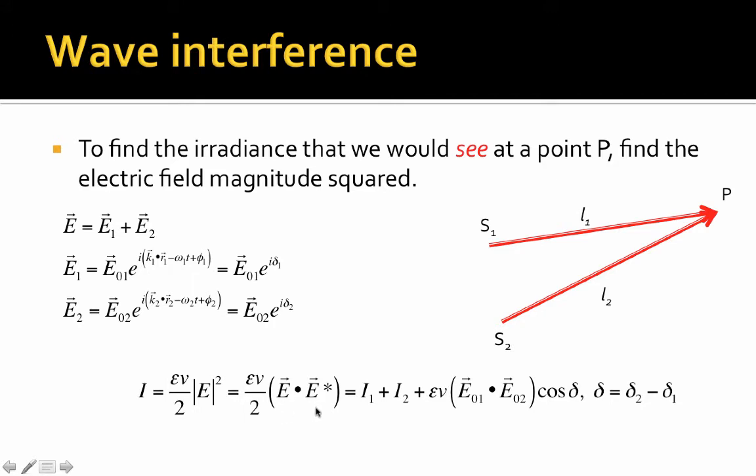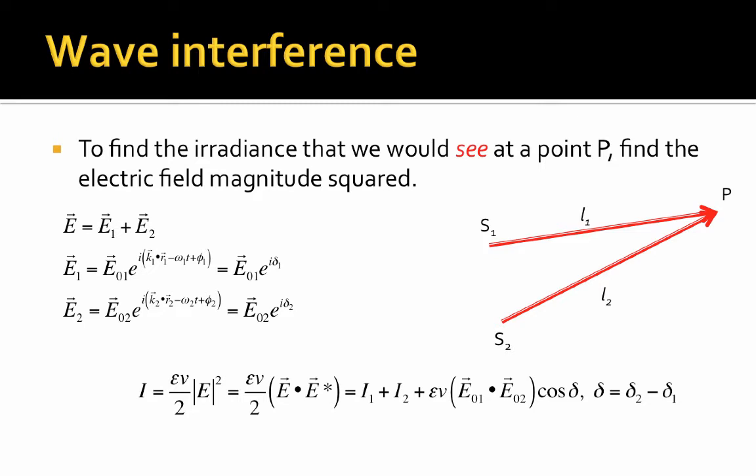Notice that it's the electric field times its complex conjugate. That's where this delta term comes from, and the dot product as well. So the magnitude of E is E dot E star, where each of those are vectors. If you write out all of your terms, you end up with this expression.